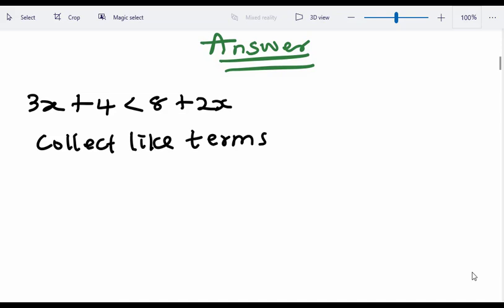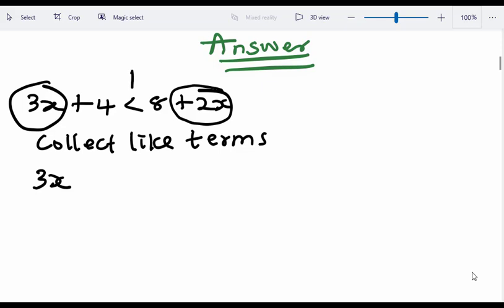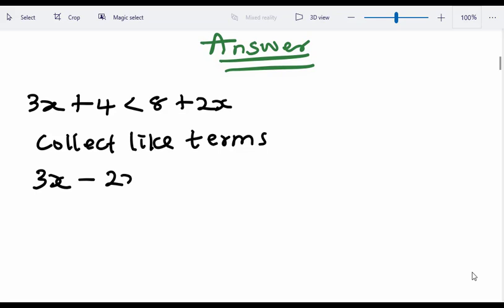When we do that, we have 3x. So this plus 2x must come over here to join the 3x. If it does that, it means that it must pass this less than inequality sign, and this plus here would change to minus. So let's come here to demonstrate it. We then have minus 2x because it has crossed this less than inequality sign.